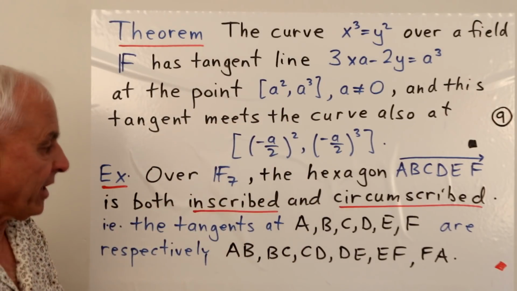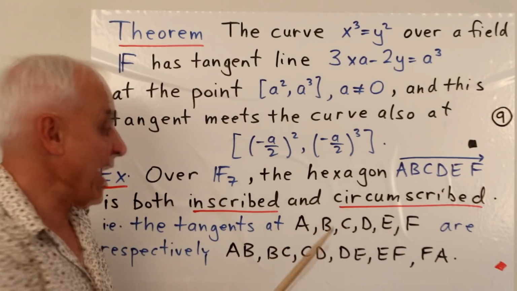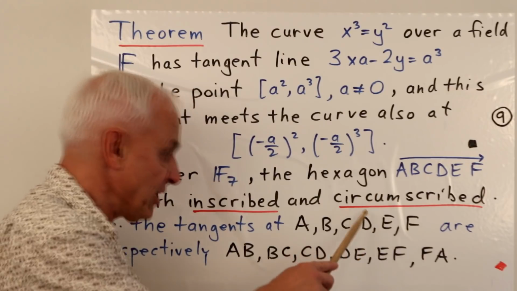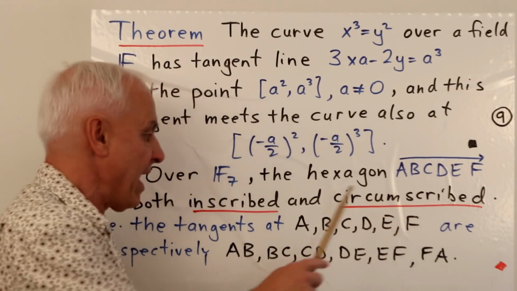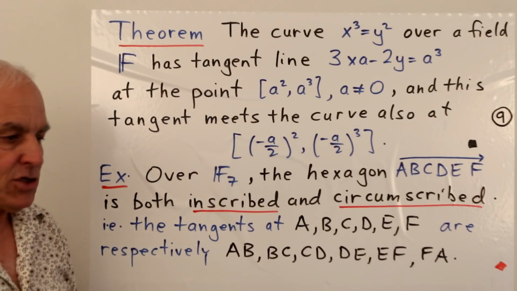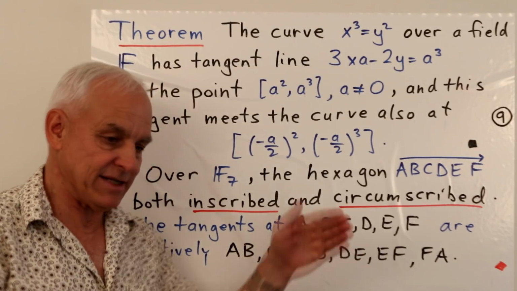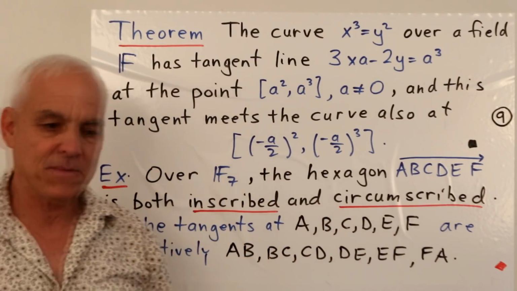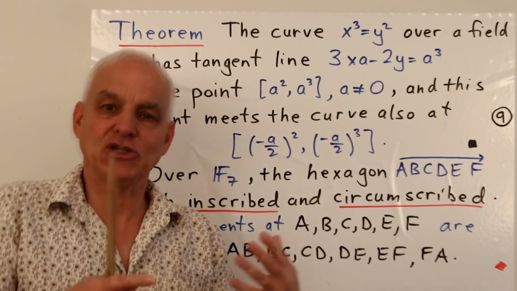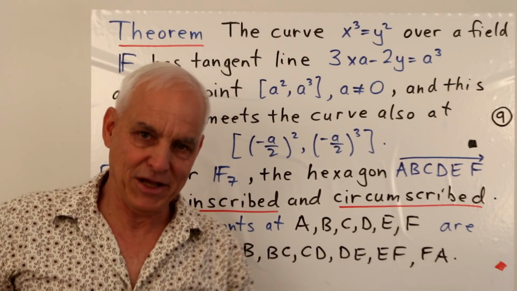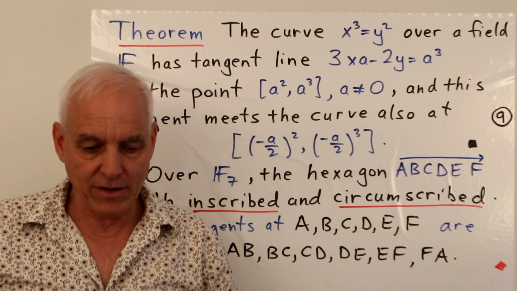But correspondingly, the tangent at B also passes through C. The tangent at C passes through D, the tangent at D passes through E, the tangent at E passes through F, and the tangent at F passes through A. So if you draw these lines joining these points successively, then you're getting a hexagon which is both inscribed and circumscribed in the curve. So I find this quite interesting.